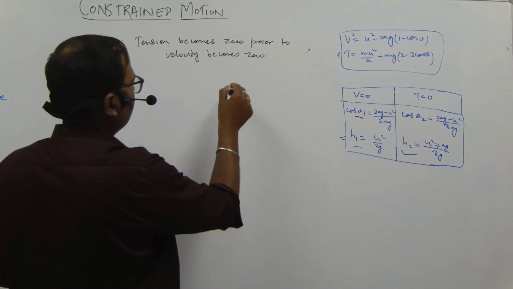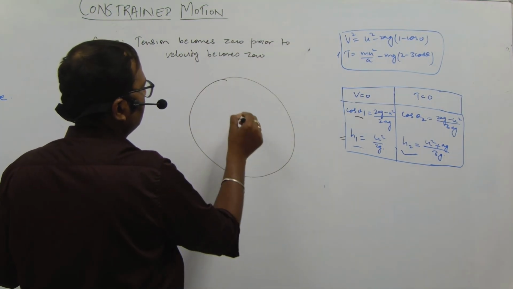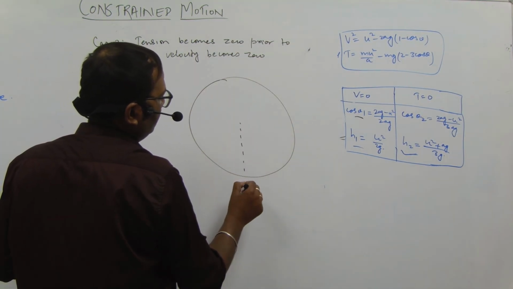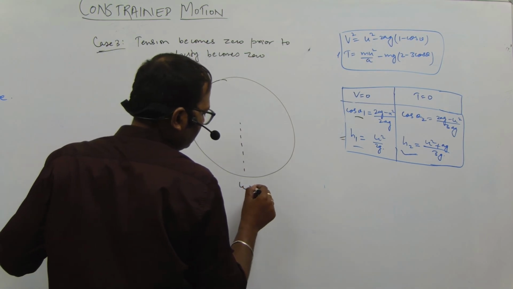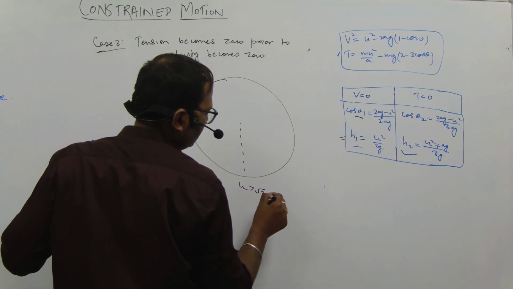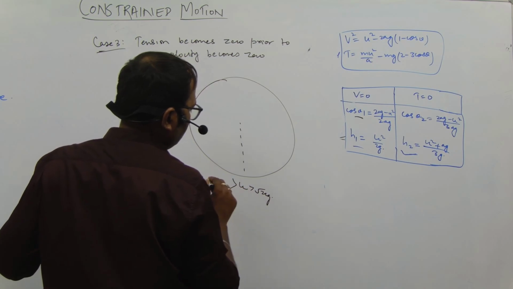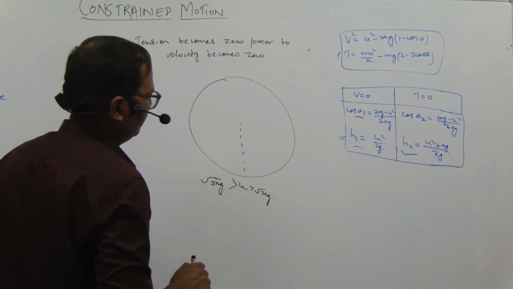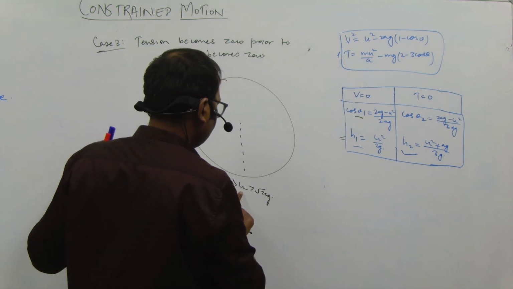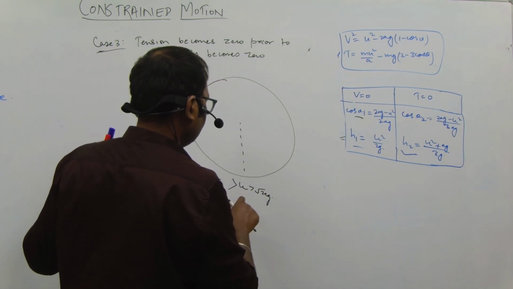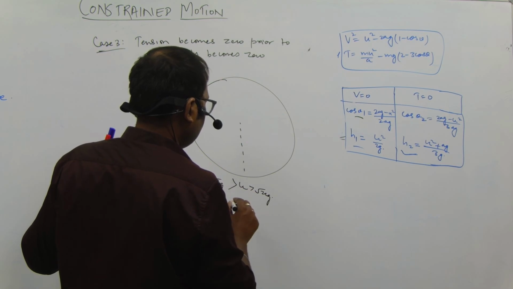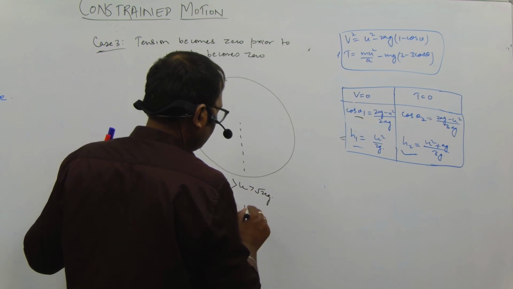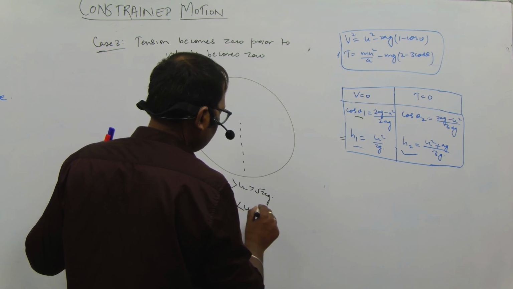Okay, so in this particular case, we have u greater than root under 2ag, but less than root under 5ag.